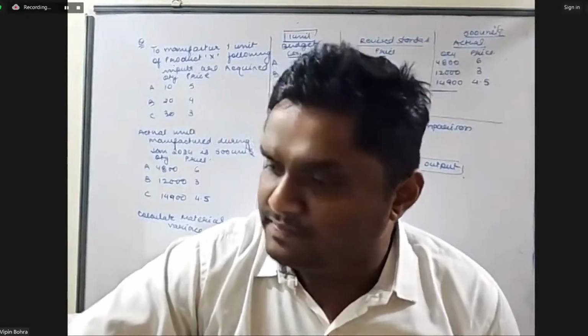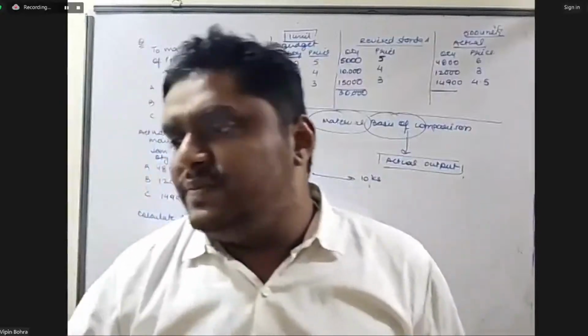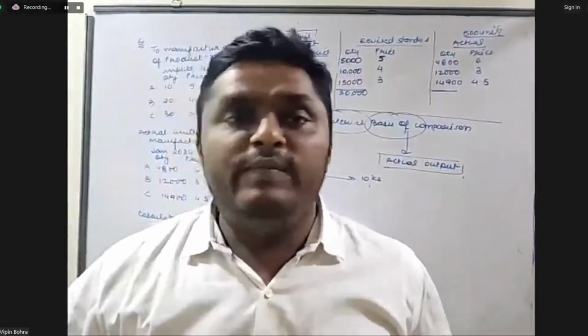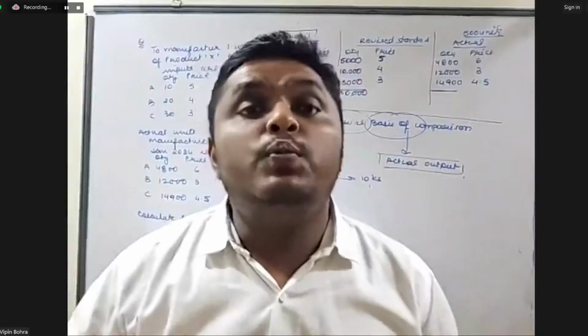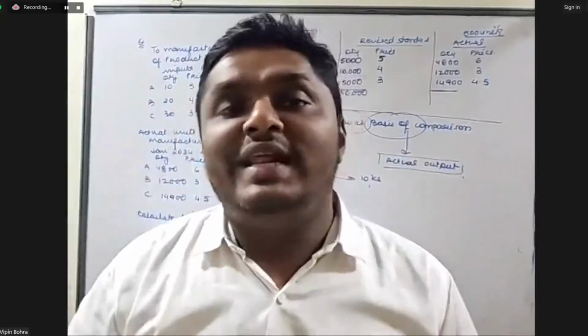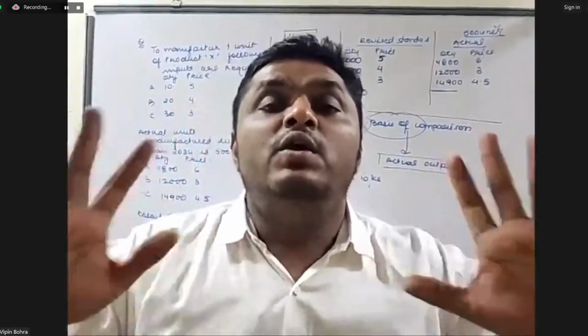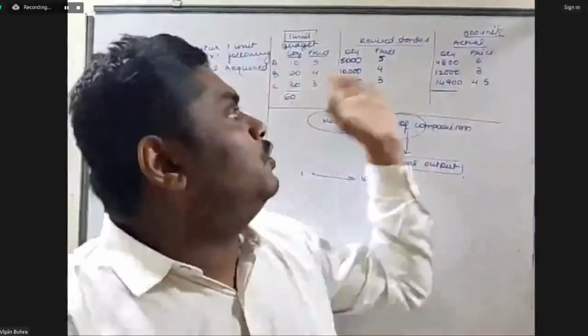Very good. Yes, Mr. Jay Kanan. The basis of comparison in material is what? Output. Check that the output should be the same. If the output is not same, see, there are few questions given in the study material wherein no information is given as regards output. So we will assume that the output is same.